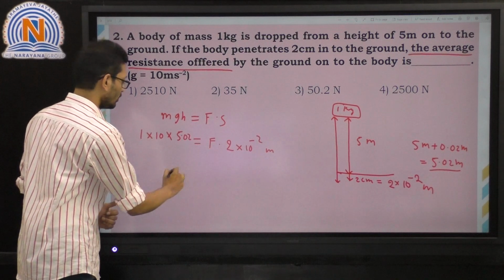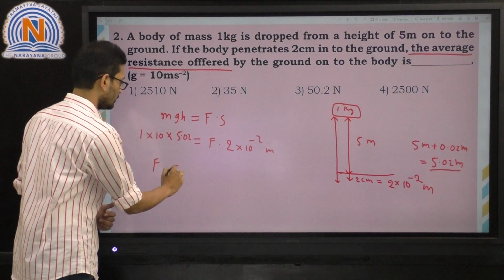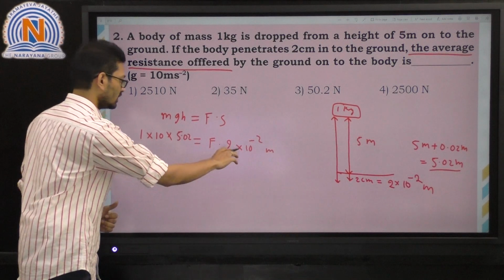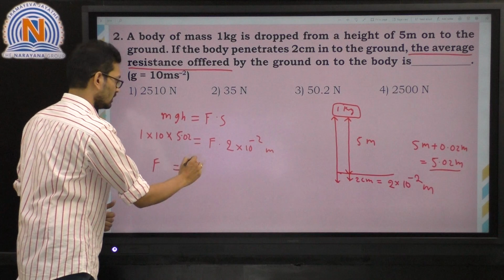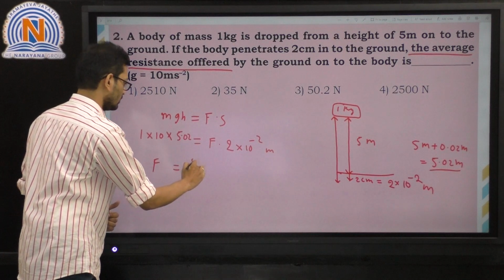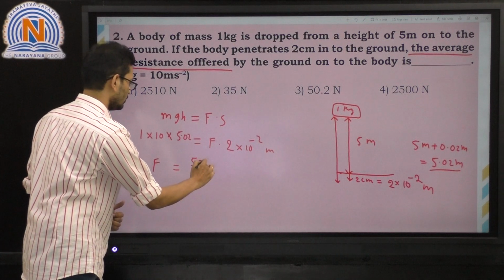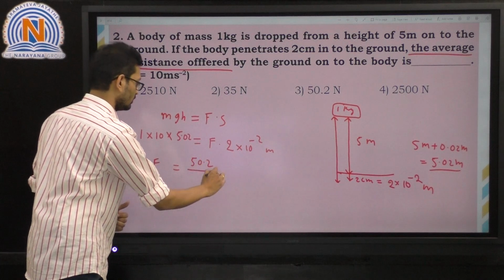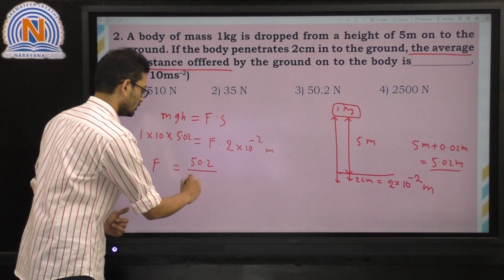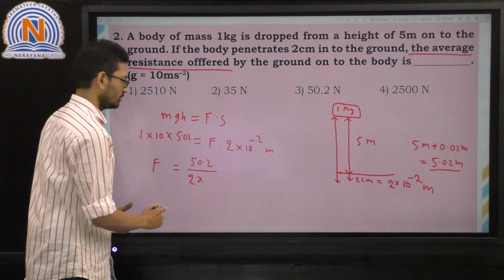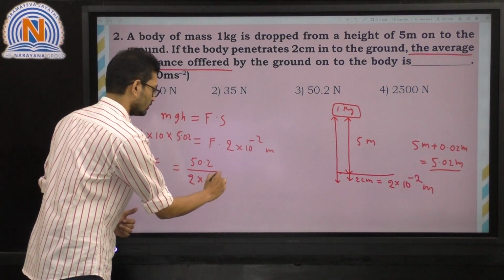Now when you multiply, I want F from here, so I leave F on one side and send the rest to the other side, which gives 50.2 by 2 into 10 power minus 2.